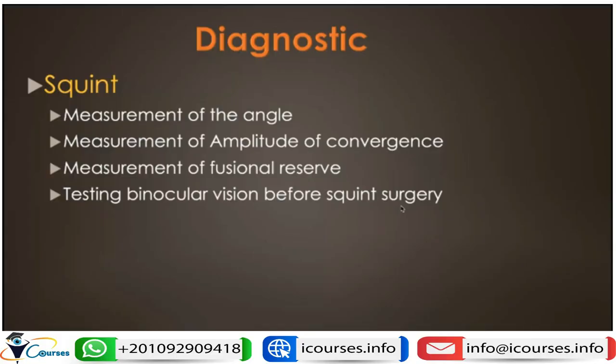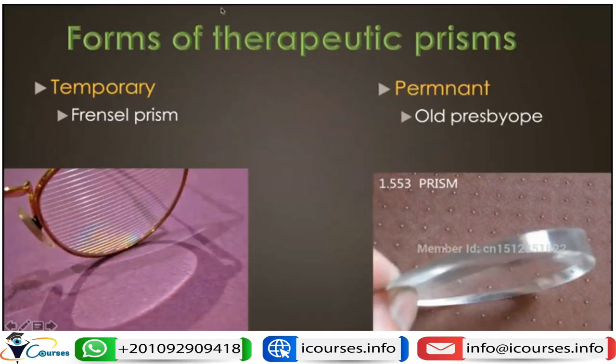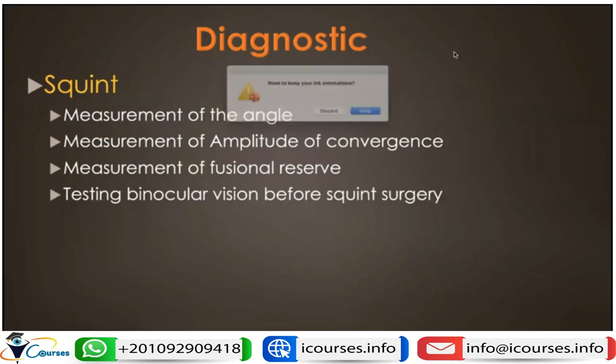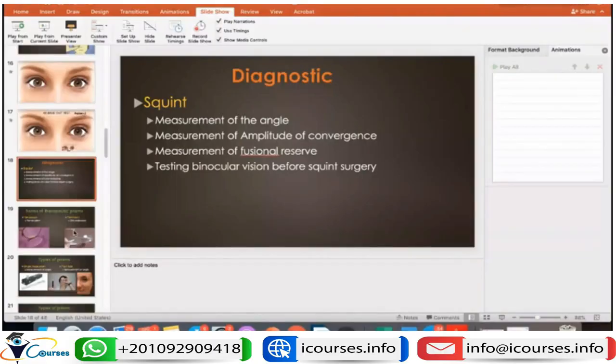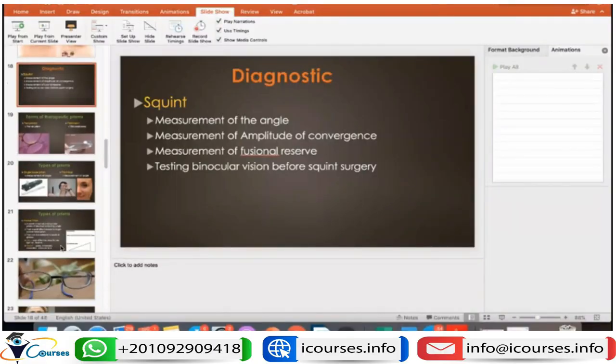The measurement of the amplitude of convergence and fusional reserve is too much irrelevant data. We will come to the measurement of the angle of squint now, but just to complete, to know what the forms of the therapeutic prisms are. Let me change the organization a little bit.